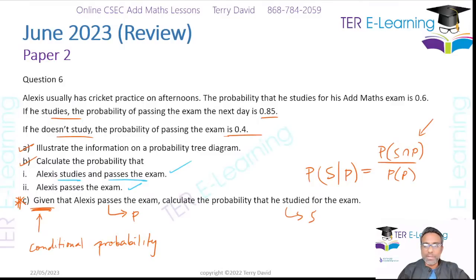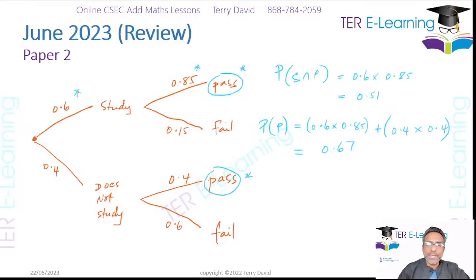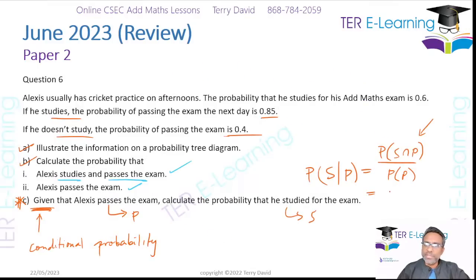So let's have a look at those probabilities there. Studied and pass would be, let's go back up here, this probability by this, which is this 0.51 that we just got. So this is going to be 0.51 over the probability that he passes the exam.